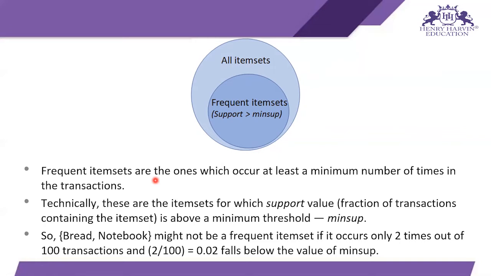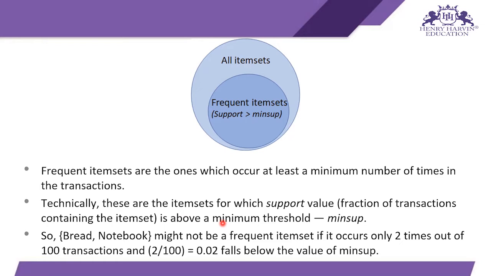We specify a minimum number of transactions, and the item sets occurring more than that are the ones we consider. Technically, these are the item sets for which the support value, the fraction of transactions containing the item set, is above a minimum threshold.